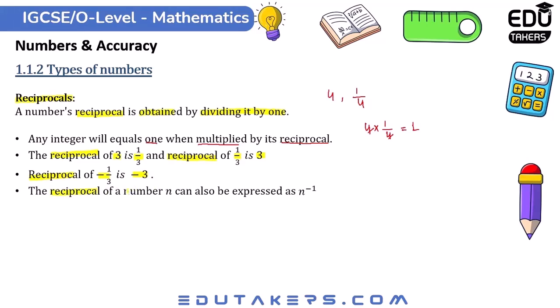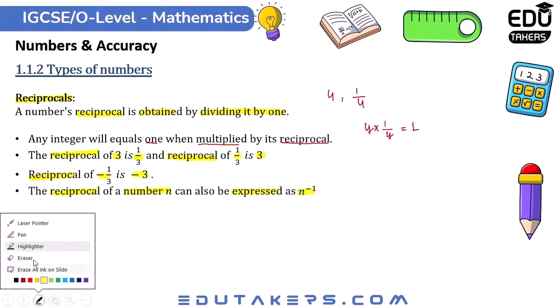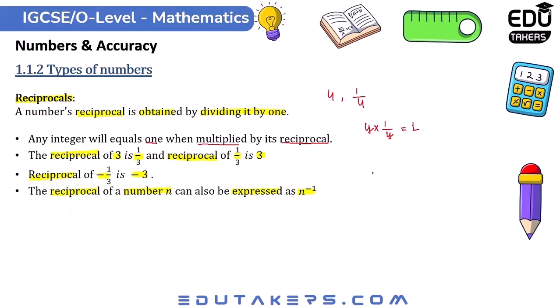The reciprocal of a number n can also be expressed as n raised to power negative 1, because we can write n raised to power negative 1 as 1 over n. So that means the reciprocal of any number n is 1 over n, and we can express it as n raised to power negative 1.